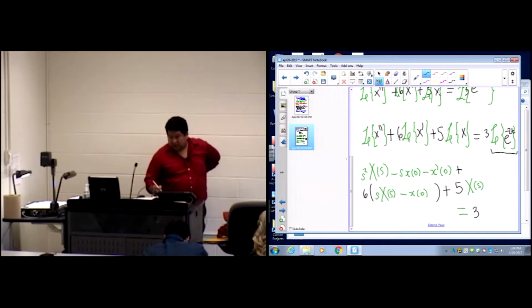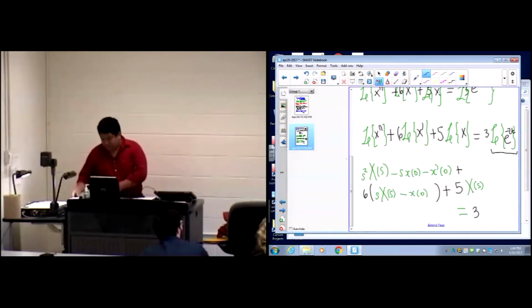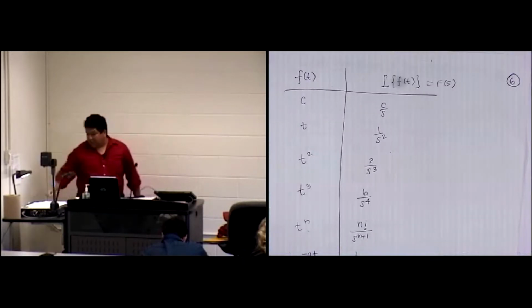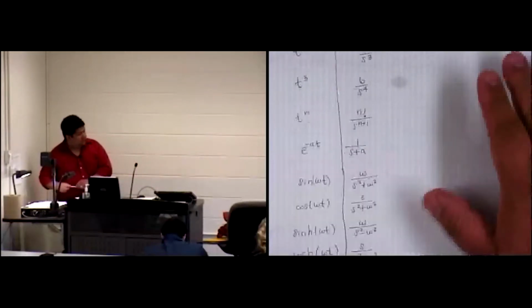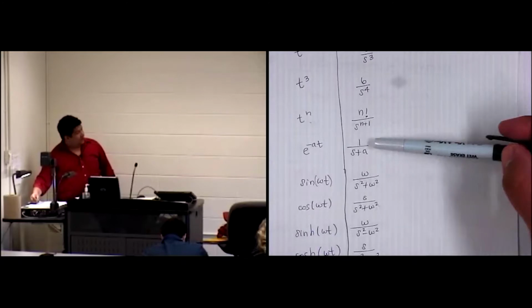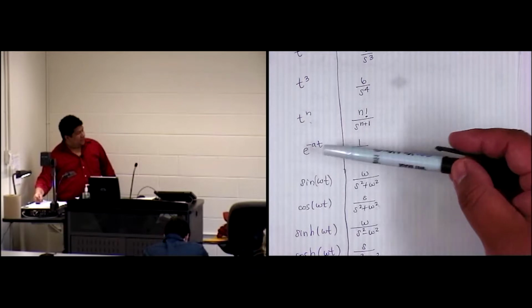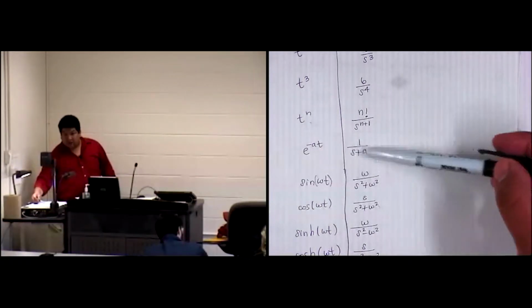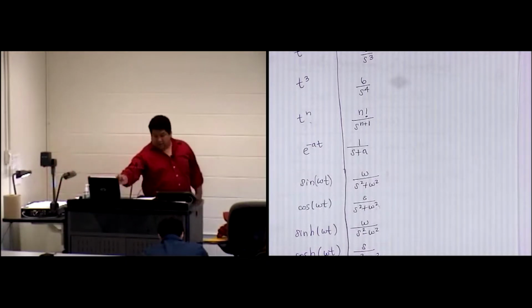So that will lead to having here 1 over s plus 2. That 2 comes from the fact that we have e to the minus 2t, so that's the number 2 that we write there in the denominator. So what follows next is to solve.